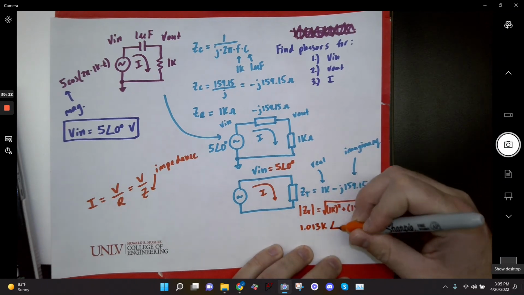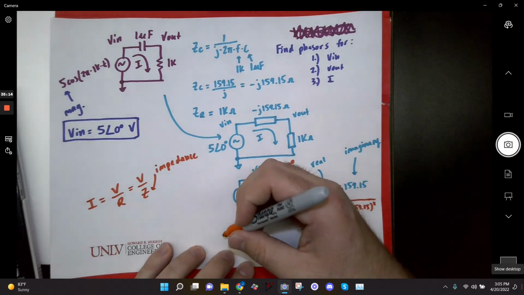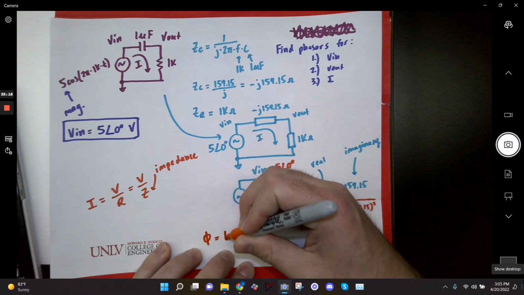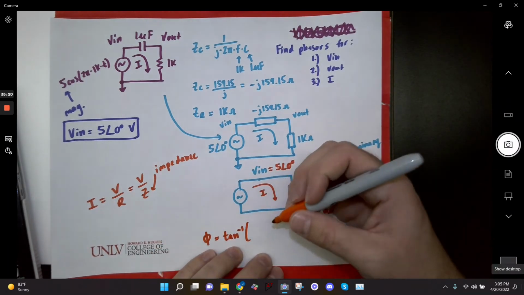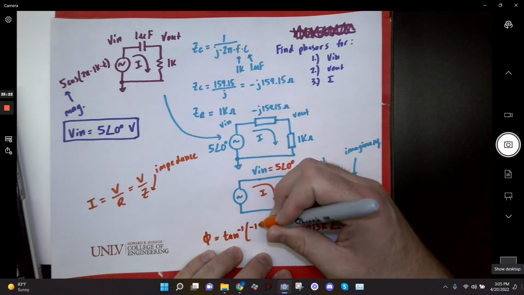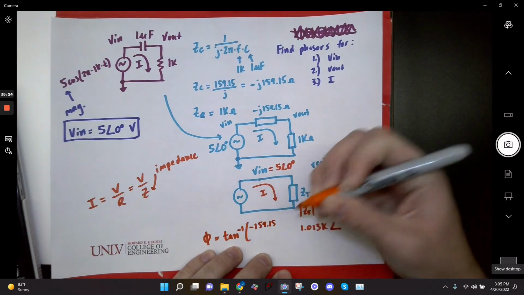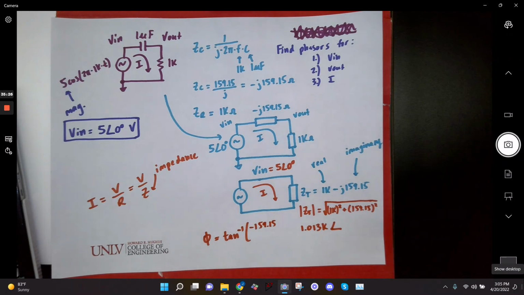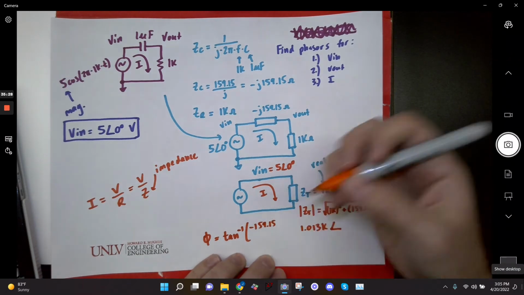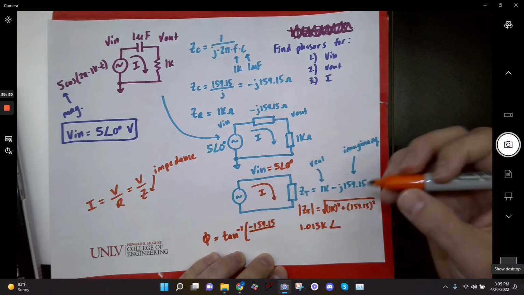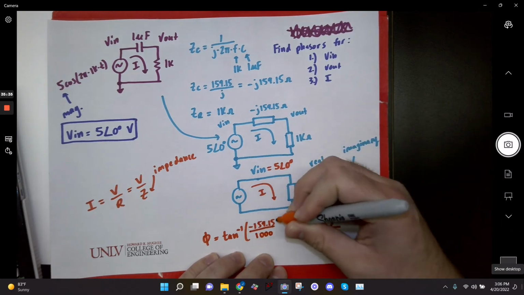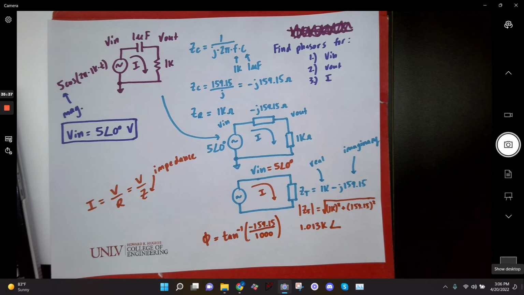And now I need an angle, and that's going to be my phi is equal to tan inverse of, I said, the imaginary part over the real part. Now the negative does matter. Note that the negative matters always, but when I square it, it goes away. I don't want you to think that I'm saying it doesn't matter here. It does, but it's going away when I square it. Okay, so that's my phase angle.